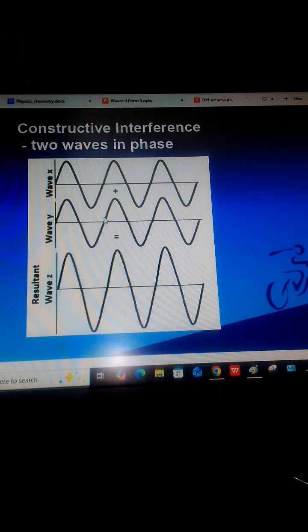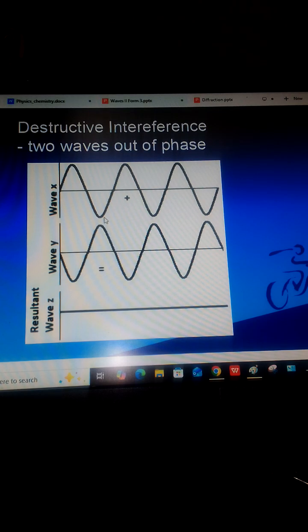But when the two waves are out of phase, we get what we call destructive interference. The two waves are out of phase. This wave X, this wave Y, we can see that the trough here coincides with the crest on this wave Y. And the crest here coincides with the trough.